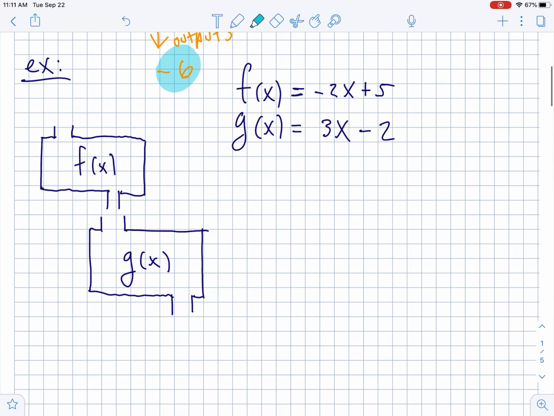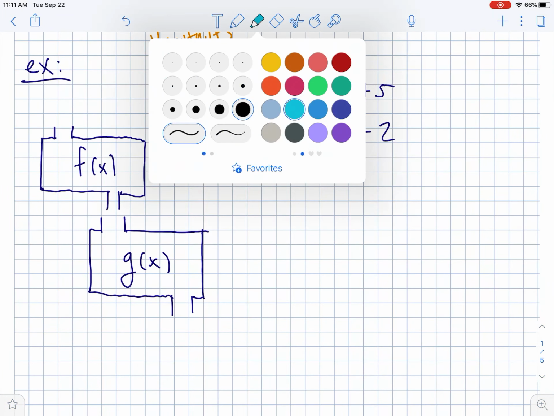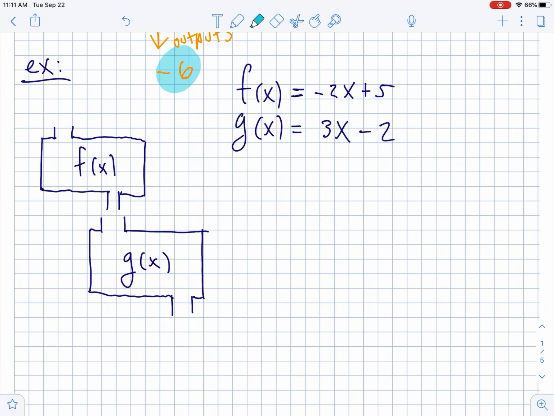Now, let's say you linked two of those functions, like you took an f of x and a g of x, and whatever you feed into f of x is going to get outputted here, but then that's going to become the input for g of x, and then go crunch, crunch, crunch through the g of x machine, and then it's going to spit out something here.